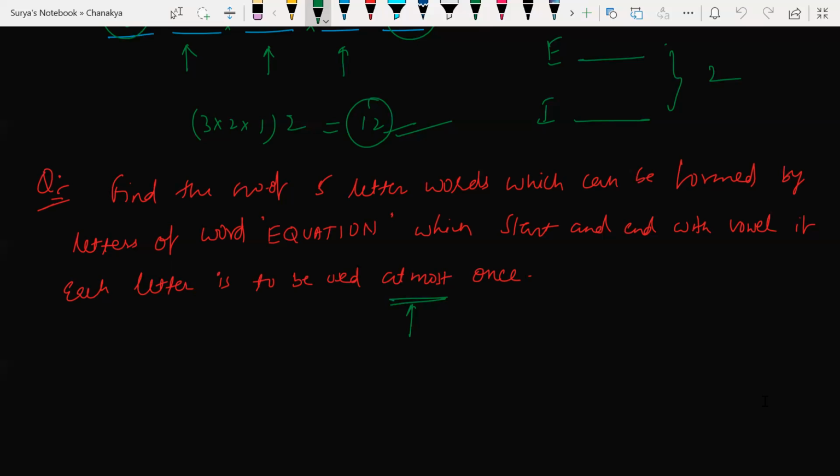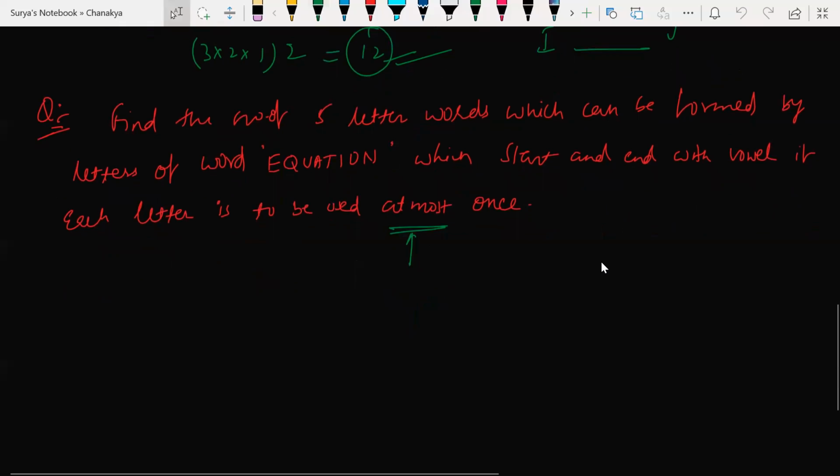Find the 5-letter words which can be formed from the letters of the word EQUATION. Look at this here. Start and end with a vowel again.